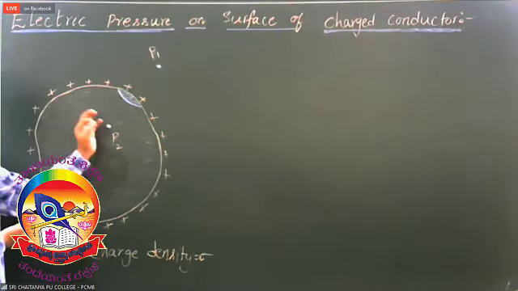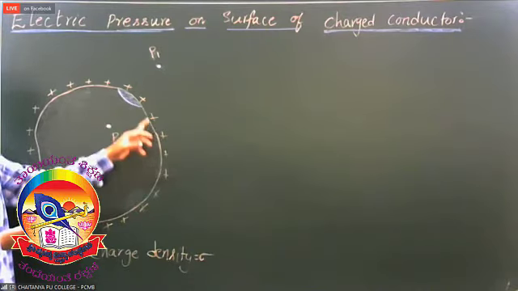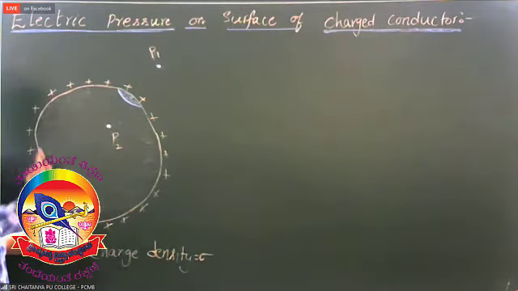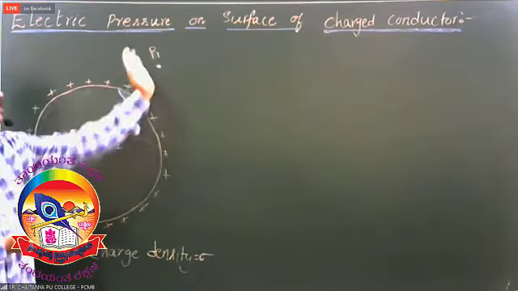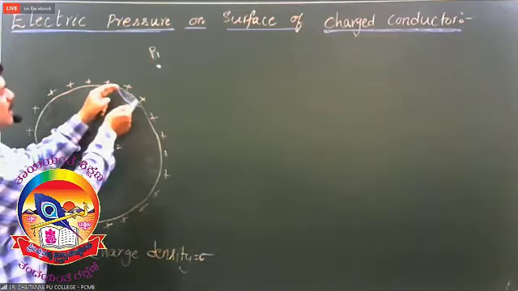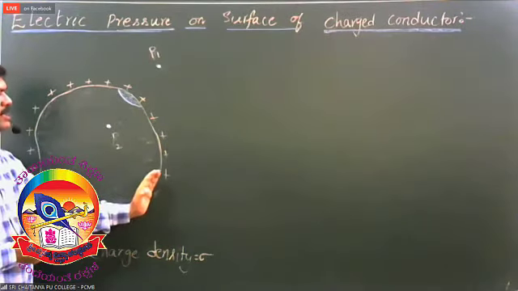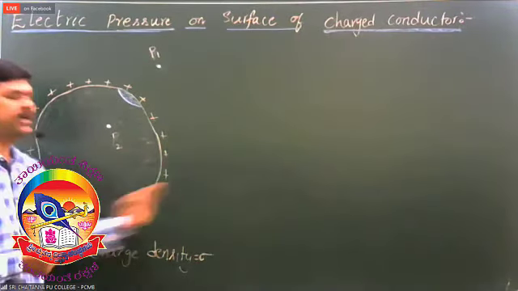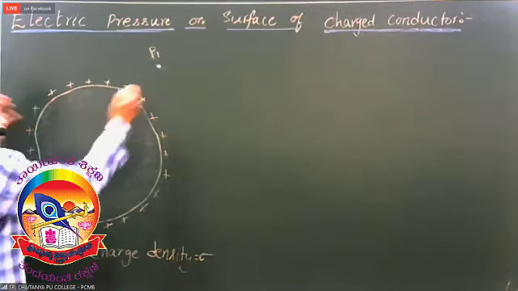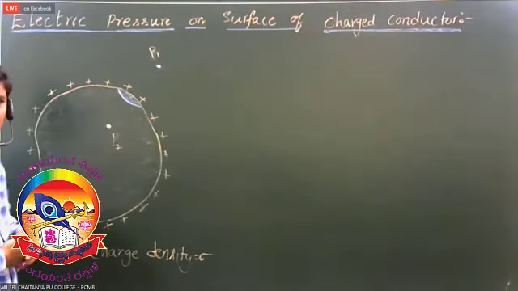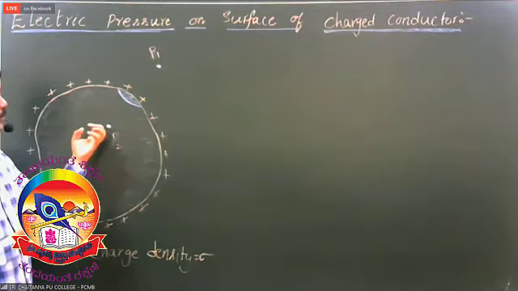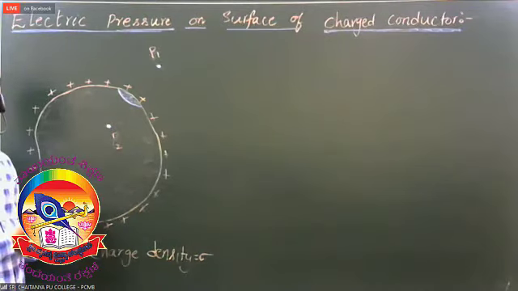So it is clear that on each and every portion of the conductor, there is a repulsive force. In what direction? Outward, because think that this is a small charge and this is the remaining portion. It repels it. If I consider the element here, it repels. Like in all the directions, there is a repulsive outward force. Due to that, its size increases.